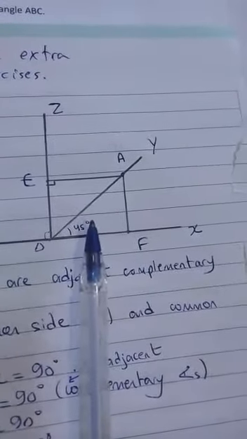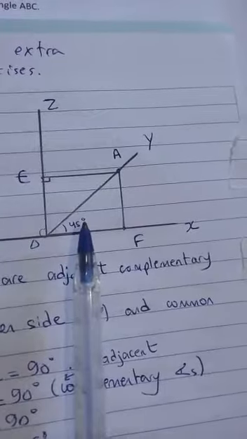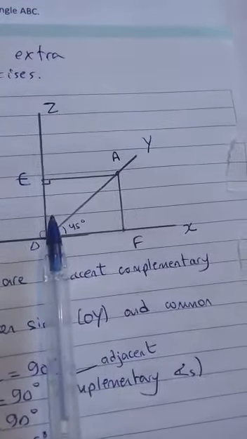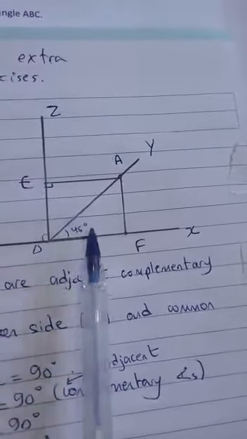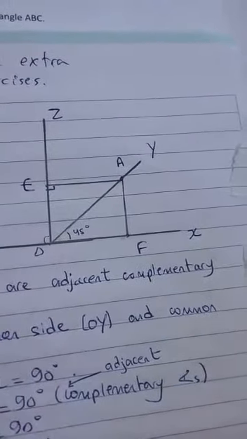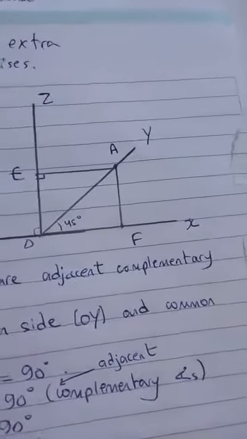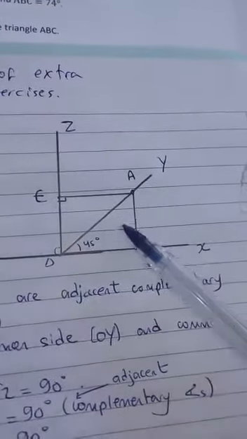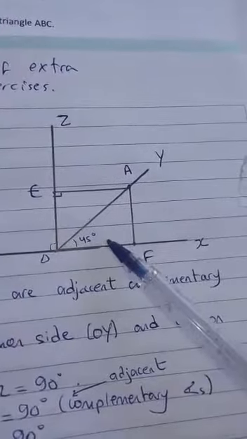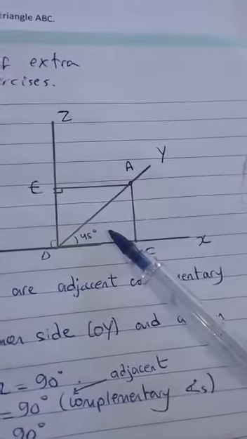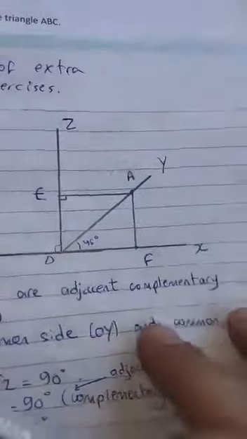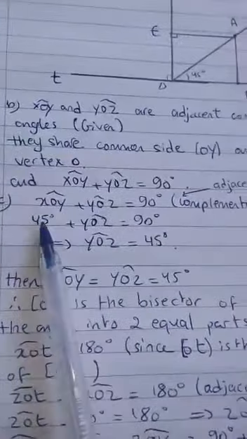If this is a 45 degrees angle, then this must also be 45, so that when we add them, 45 plus 45 gives us 90. We calculate the measure of the angle YOZ: if this is 45 and all of it is 90, since they are adjacent complementary, then this is 45.